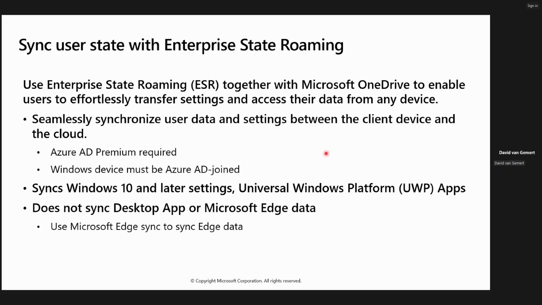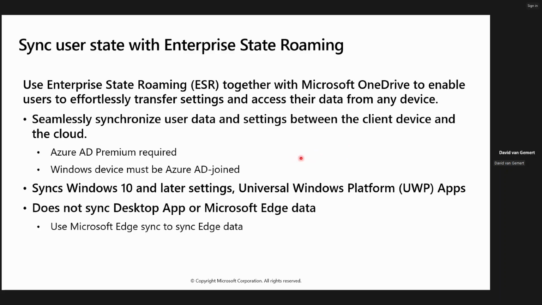Okay, so I guess the advantage here is you're not just tied to a Windows device because it's on Microsoft OneDrive from your data perspective. Enterprise state roaming is obviously specific to Windows. It seamlessly synchronizes user data and settings between the client device and the cloud. You do require Azure AD Premium, and the Windows device must be Azure AD joined. So it only works for company-owned assets, because generally a personal device is Azure AD registered, not Azure AD joined.